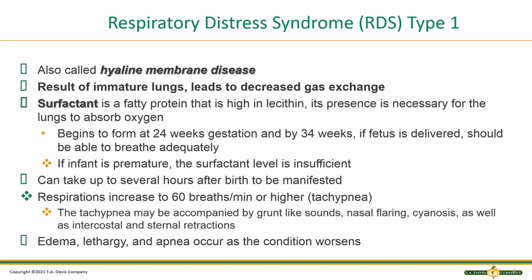And they may have hypoxemia or hypercapnia, which is the elevated carbon dioxide. If those occur, that leads to respiratory acidosis. Now, what happens if a baby has acidosis? It causes vasoconstriction and damage to the epithelium of the lungs, which leads to the hyaline membrane formation inside the alveoli.